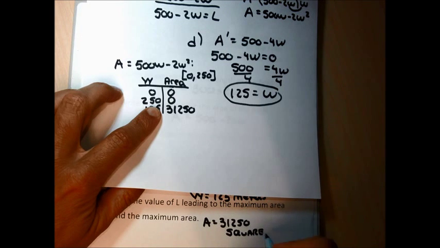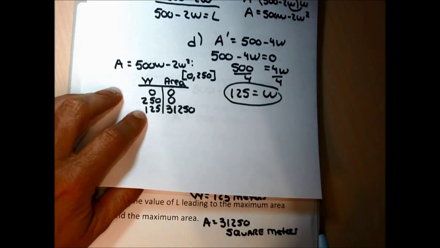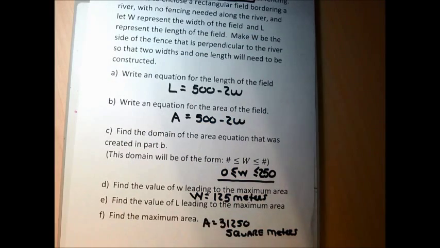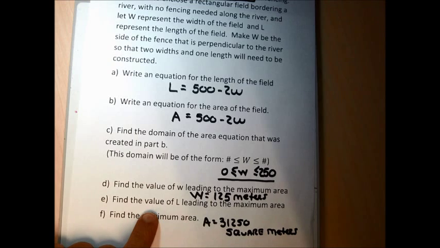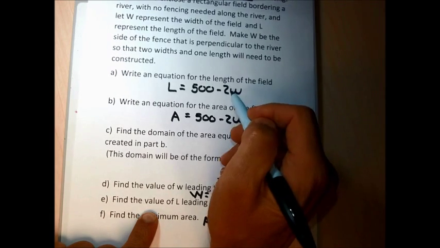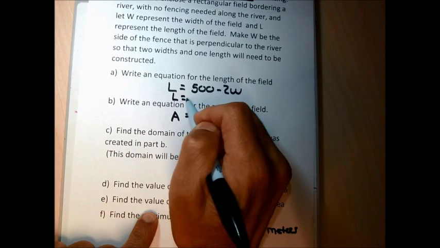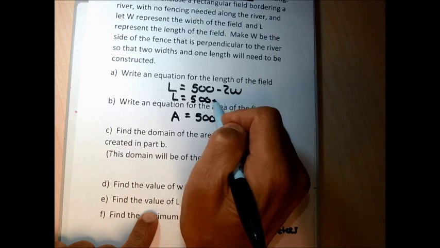Those two values I didn't need to do any algebra for because the vertex, or the maximum, had that number waiting for me. For part E, to find the value of L that leads to the maximum area, what I need to do is take this 125 and plug it in for L up here.